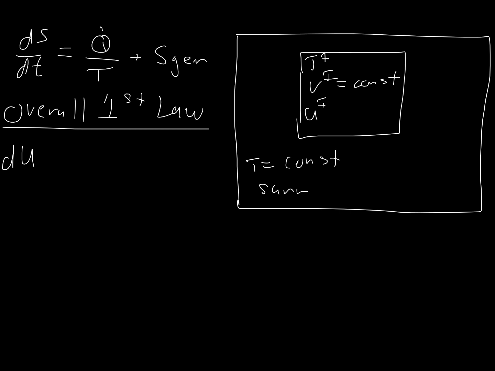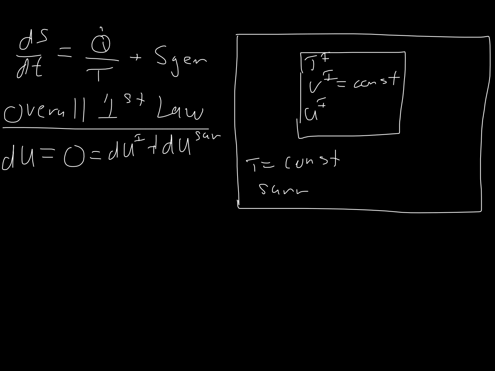Okay, so what is the overall change in energy of the entire universe that we've drawn on the page? 0, right? Energy is conserved. We're not creating it, we're not destroying it. So the overall energy balance is 0, which is equal to how much dU of the system changes compared to dU of the surroundings.